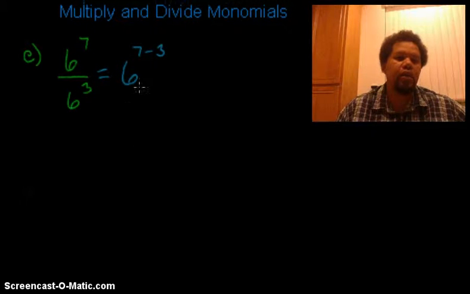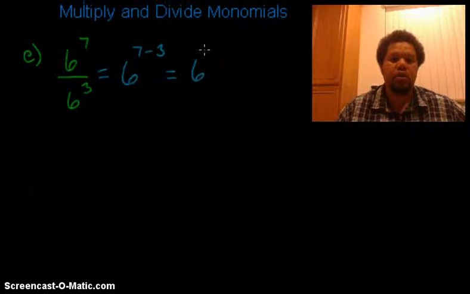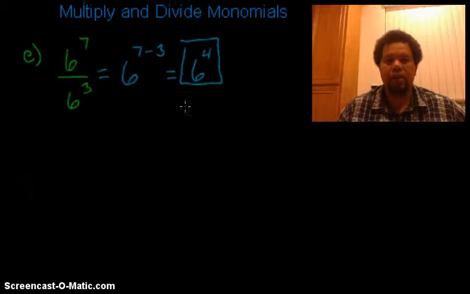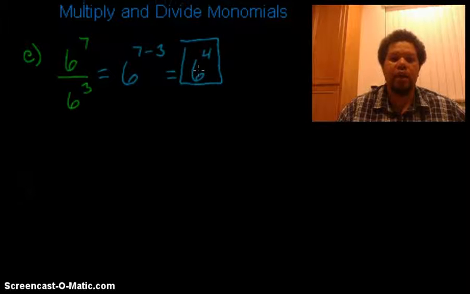So we get the base of 6, 7 minus 3, which is 6 to the fourth power. And this is simplified. If we wanted to evaluate it, then we have to multiply 6 times 6 times 6 times 6. So look for the words simplify or evaluate to let you know if you're going to do that. So both answers are fine.